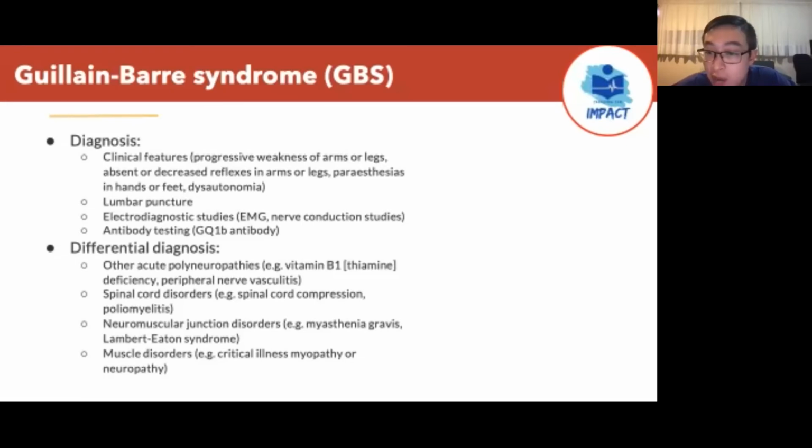So it's something called albuminocytologic dissociation. It's a mouthful. So albumin and cytology, or white cells, the white cell count, don't match. So they're dissociated. What we mean by that is that the CSF protein is elevated, but the CSF white cell count is normal.